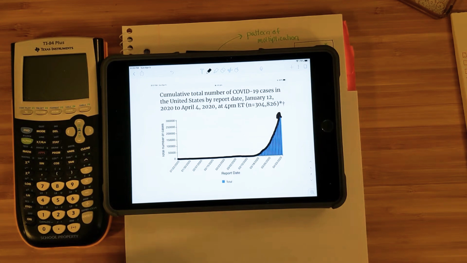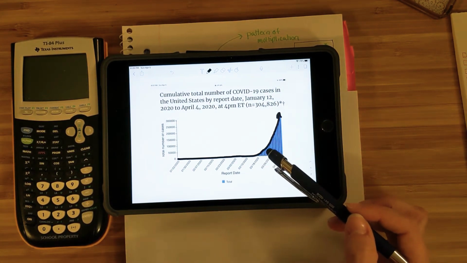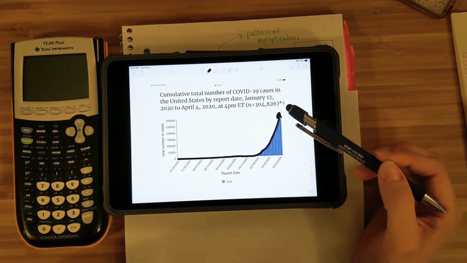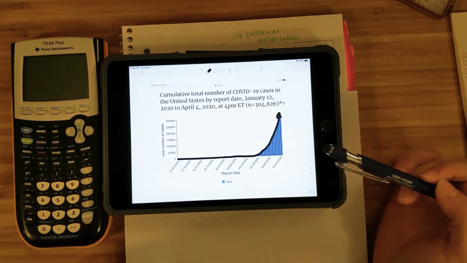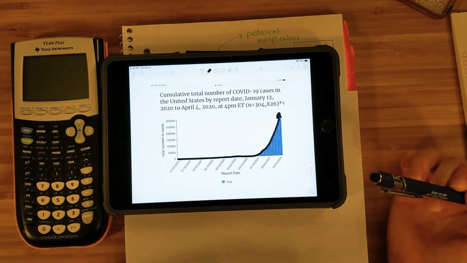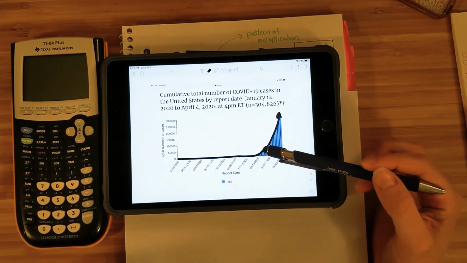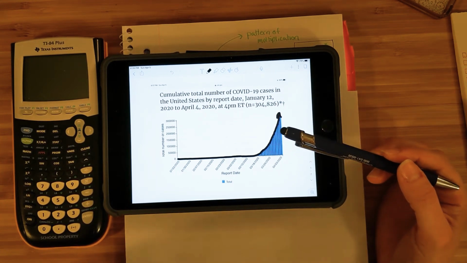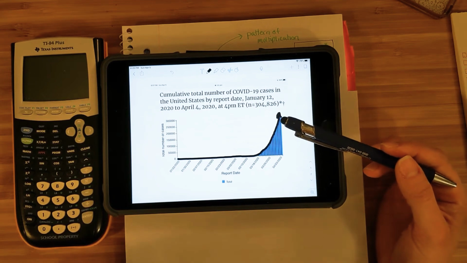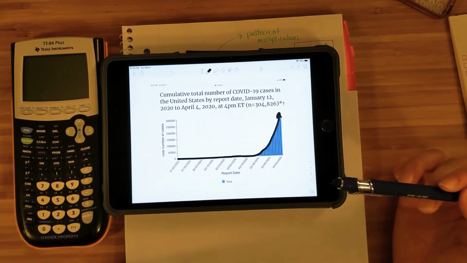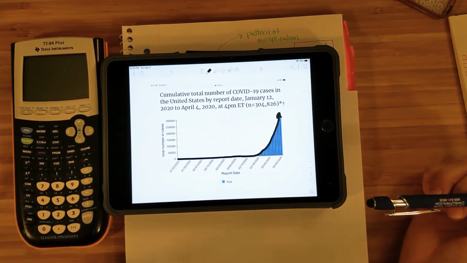And this is where everyone's talking about social distancing and flattening the curve, because we don't want this rate to continue to grow exponentially, okay? It can't grow exponentially forever and ever, which is a good thing, but what we want to do is we want to flatten out this curve and stop the growth rate from happening so quickly, so that we can all get back to our normal lives and hopefully never have to deal with COVID-19 ever again.